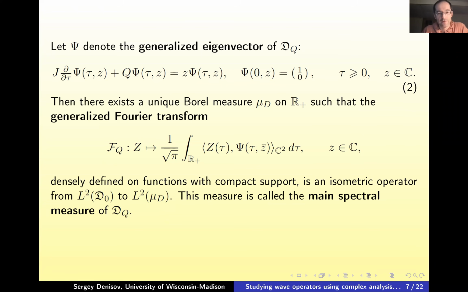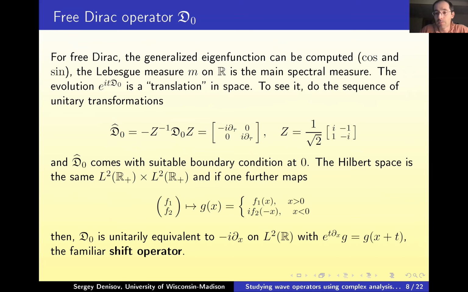So if you study very well the problem for canonical systems and get the final answer, there's a good chance that you can transfer this answer to the framework of Dirac operators, and that's what I'm explaining to you now.